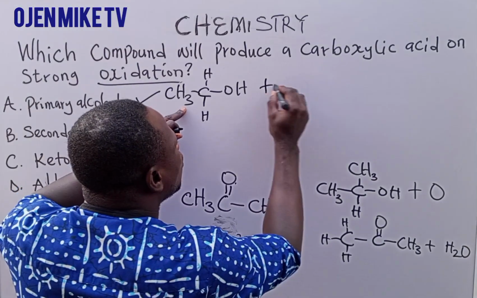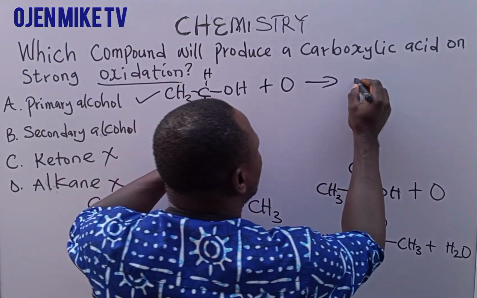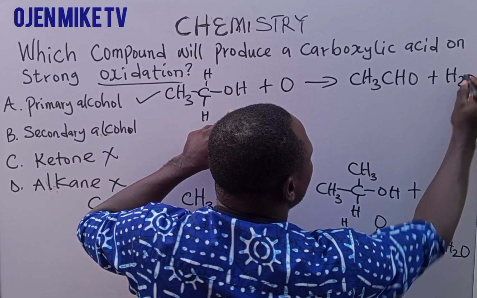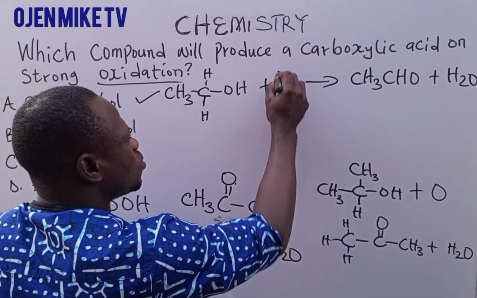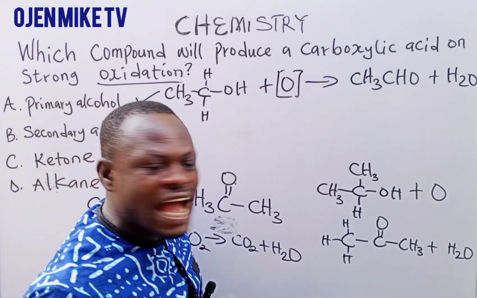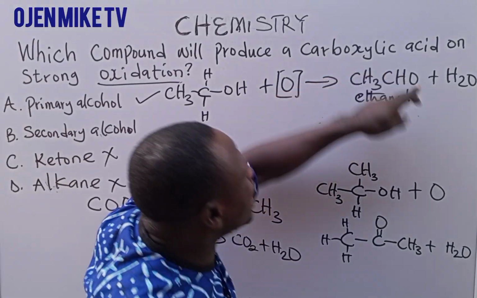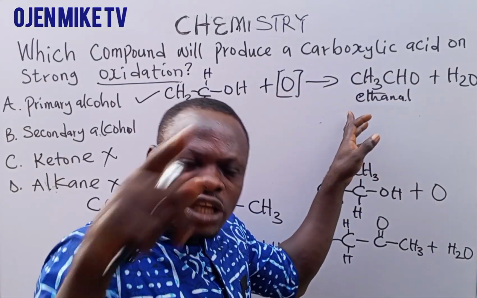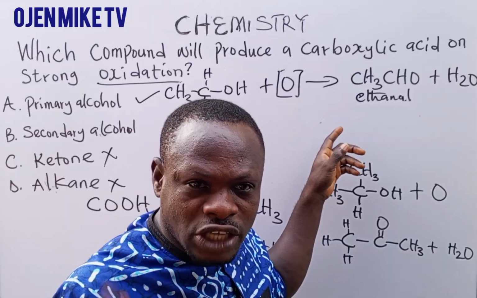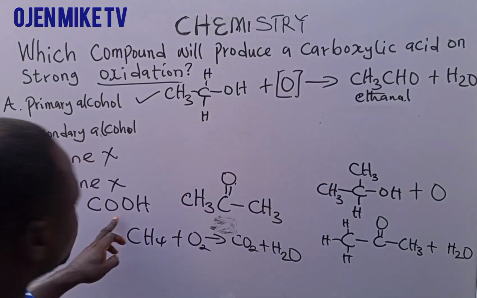If you add oxygen to this chain, you will see CH3CHO, which is an aldehyde. And this can also undergo further oxidation by a strong oxidizing agent such as potassium permanganate, to form the carboxylic group, which we are looking at.